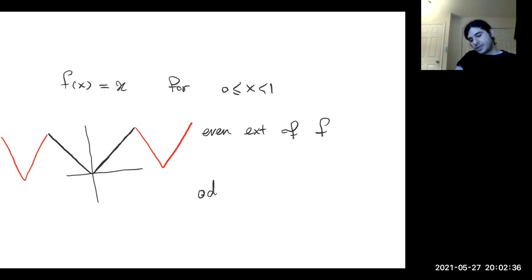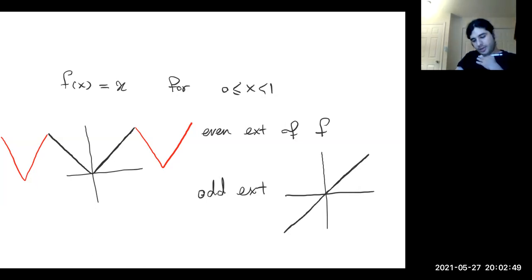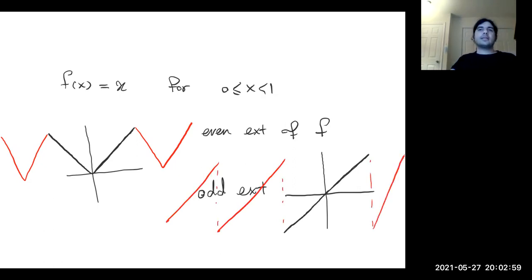The odd extension of f, so if this is f of x equals x, the odd extension means extending the function like this, reflecting it with respect to the origin, and then taking the periodic extension, repeating that result. These two kinds of extensions are quite important to us, and we will see how they play a role in the theory of Fourier series.